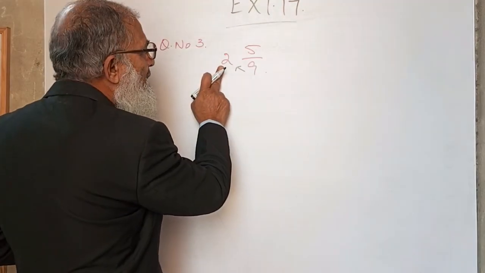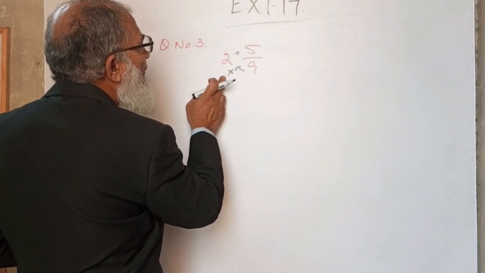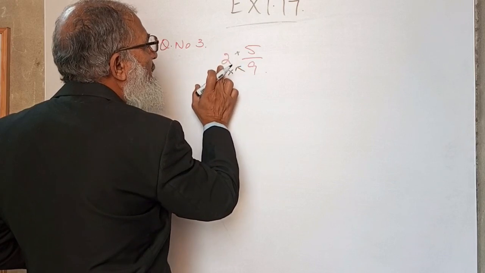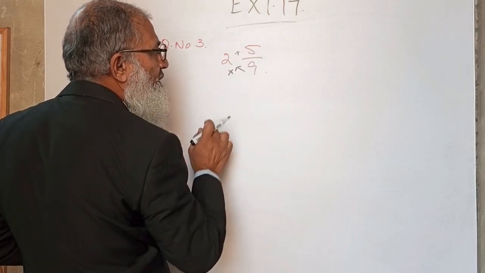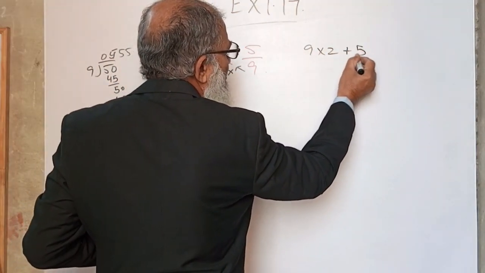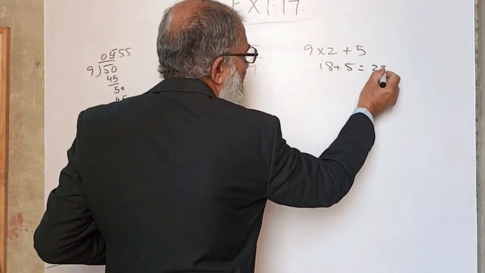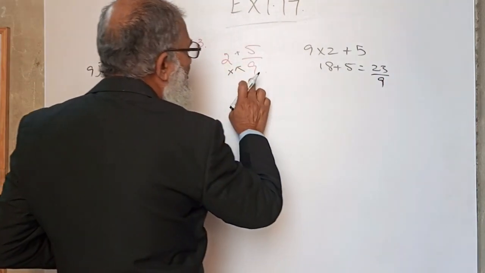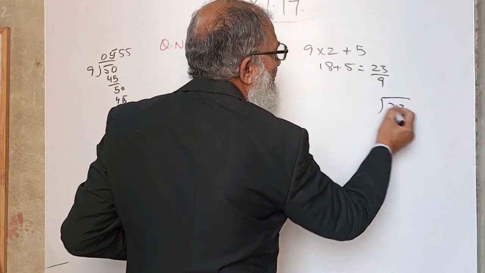So 9 multiplied by 2, plus whatever is over here, added to this 5. So 18 plus 5 is 23, and 23 divided by 9, the denominator remains the same.